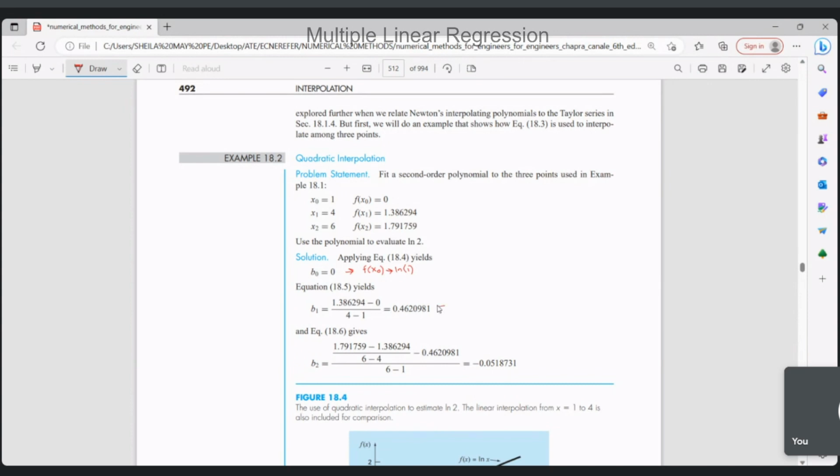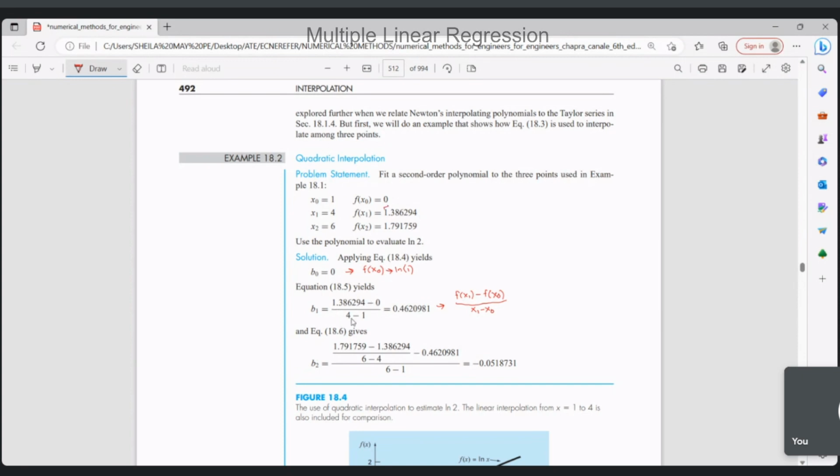Now, getting B1. Function of x1 minus f of x0. So function of our x sub 1, this is 1.386294 minus function of our x sub 0, that's 0.